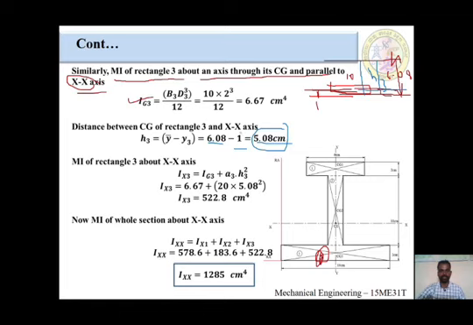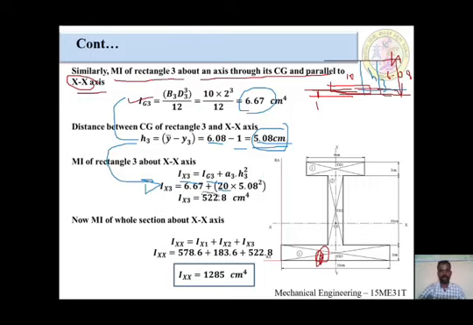After calculating these values, Ig and H value, we have to put these values in the parallel axis formula. Ix3 is equal to Ig3 plus A3 H3 square. We got Ig3 is equal to 6.67, and area is 20 into H3 value 5.08 square.